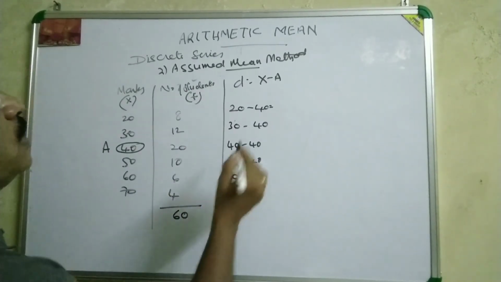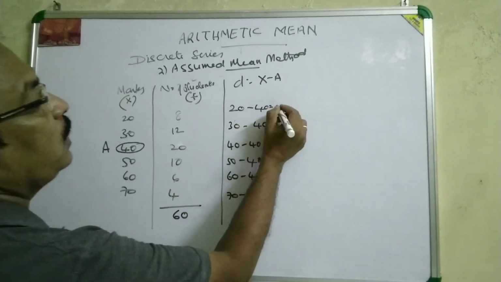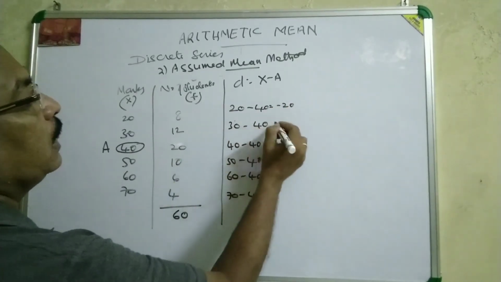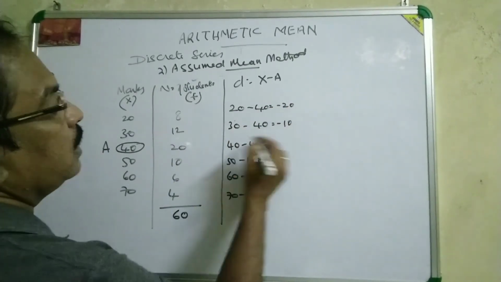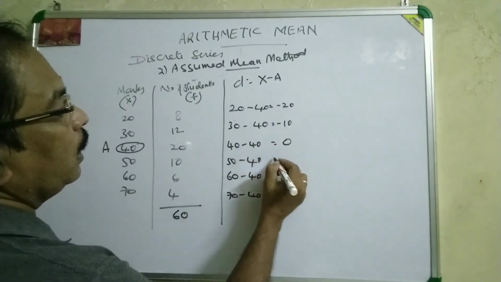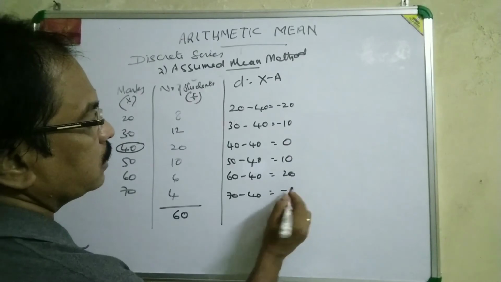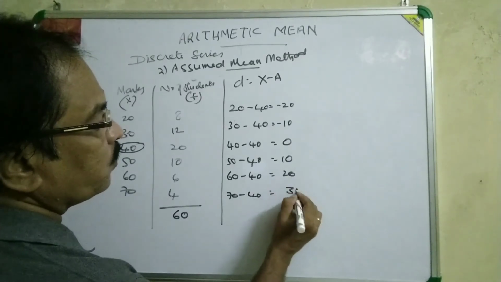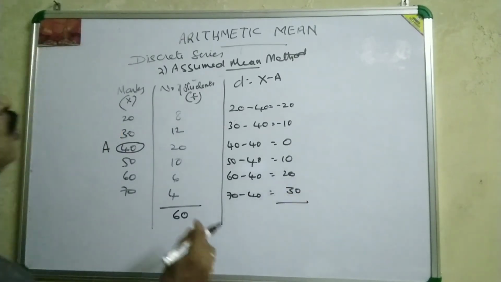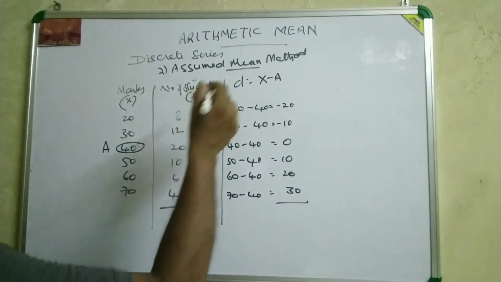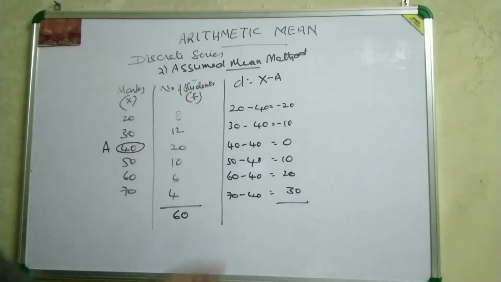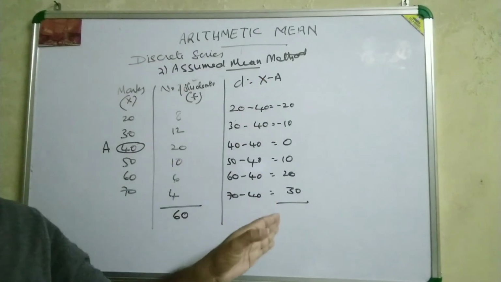I hope you understood this. Now 20 minus 40 is equal to minus 20. Then it is minus 10. Then it is 0. Here we are getting 10. Here we get 20. Here we get 30. This is how we calculate d.